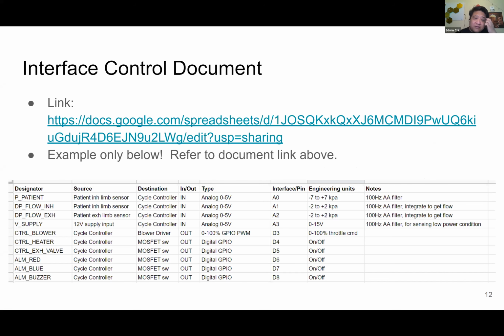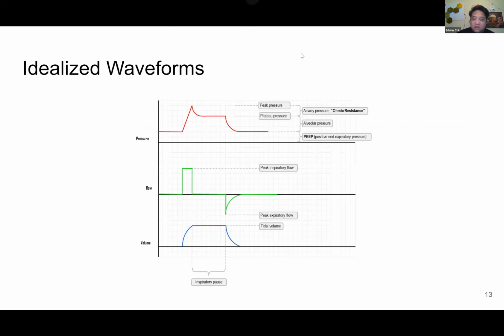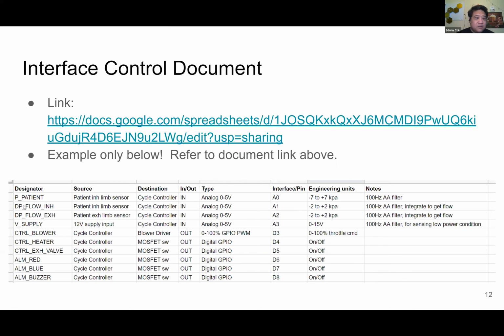Here we have an interface control document, and this is essentially a document that keeps track of all of our sensors and all of our signals so that software and hardware are on the same page about what's coming in and out of the components. Each of the signals has a name.